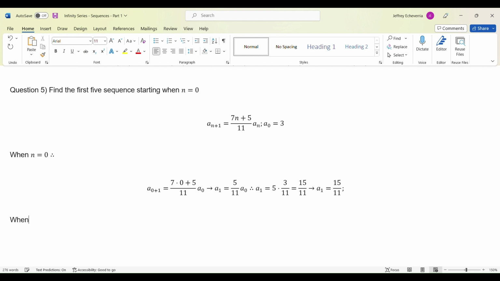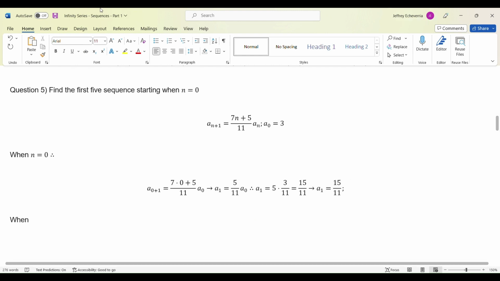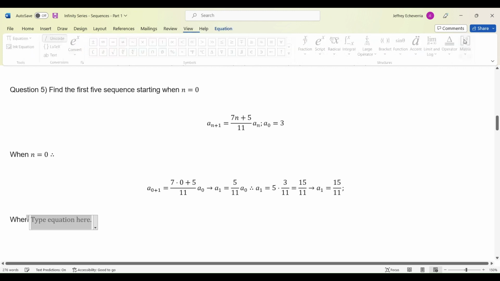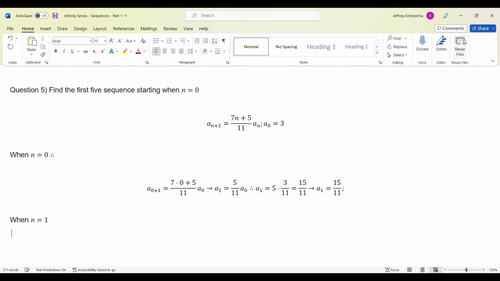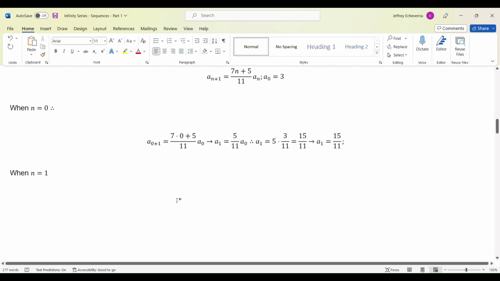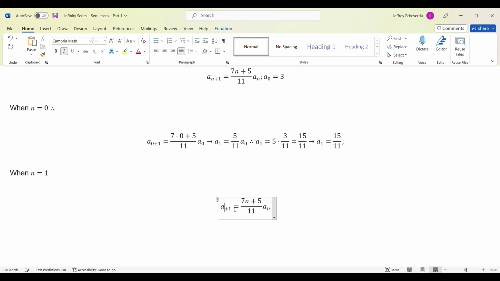Now, when n equals 1, we will copy and paste just like we did before. We replace all the n's with 1 now. This gives us a sub 2 equals 7 plus 5, which is 12, so 12 over 11 times a sub 1.